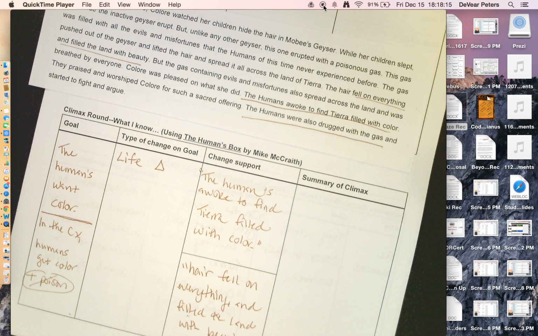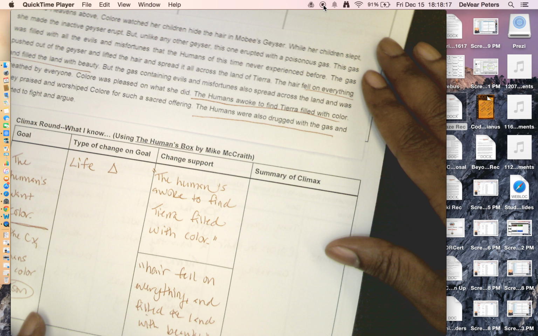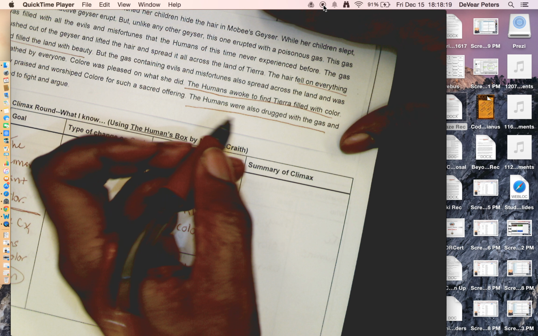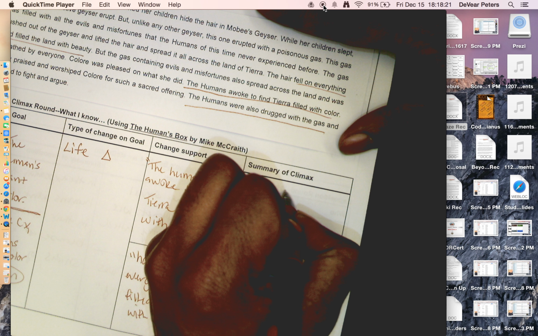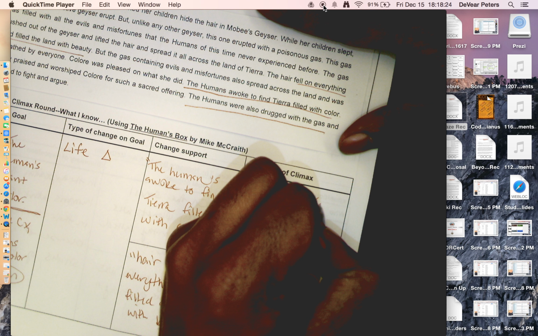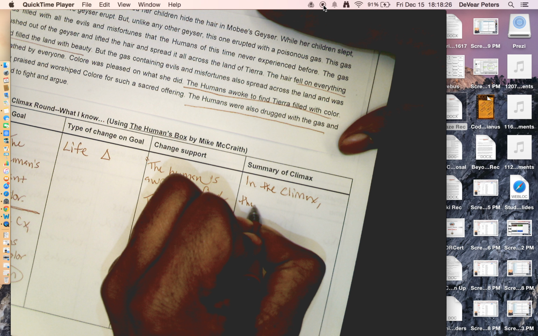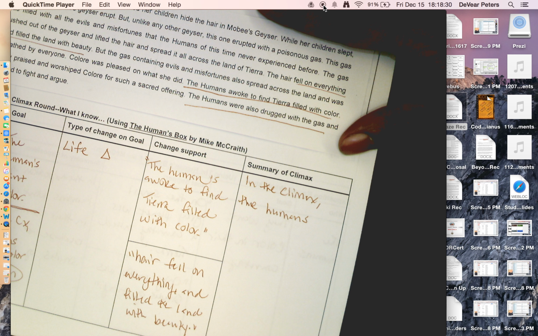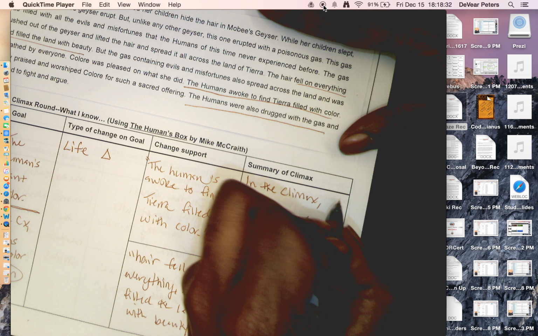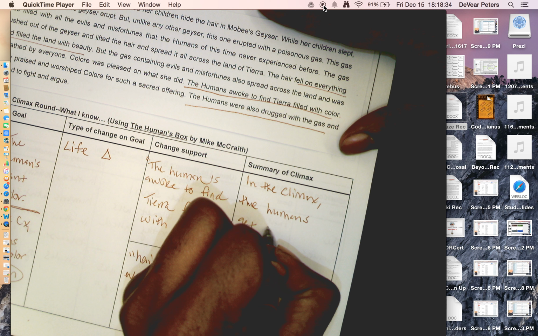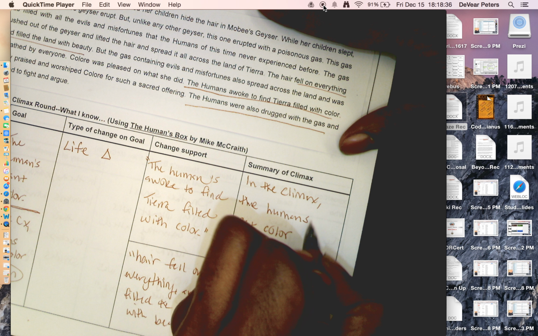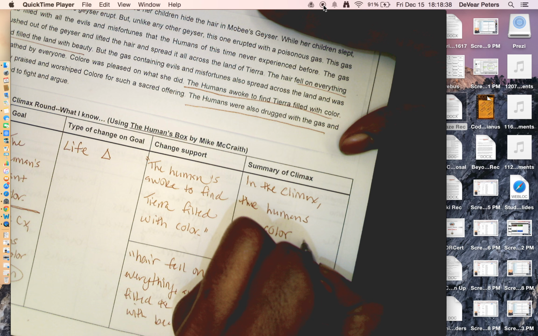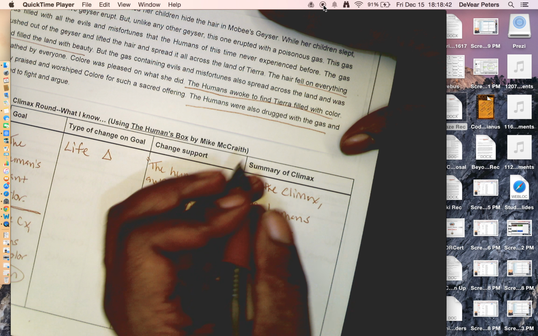And then the summary would then be in the climax, the humans, again, start with your main character, the humans, and then go right into the change, stick to what climax is about. The humans get color. We'll start there, get color.